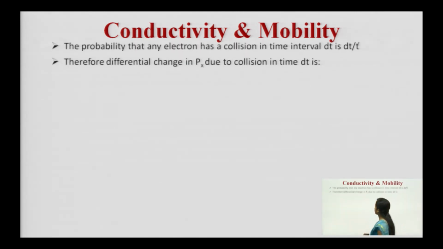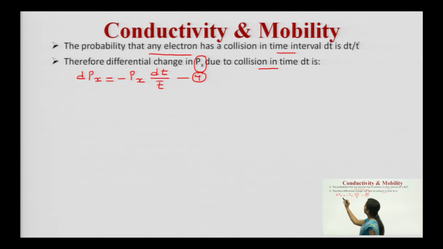Now the probability that any electron has a collision in time interval dt is dt upon t bar. Therefore, the differential change in px due to the collision in the time interval dt, how can this differential change be written, how to calculate it?